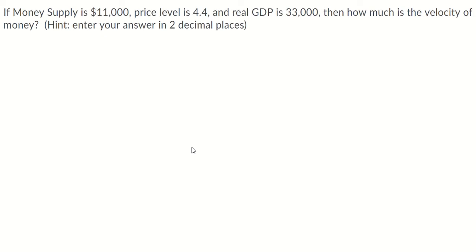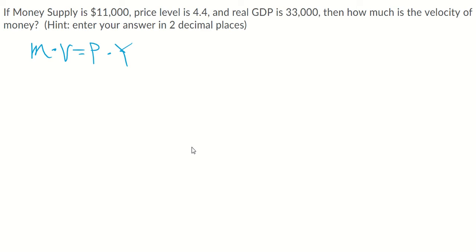If our money supply is 11,000, price level is 4.4, and real GDP is 33,000, how much is the velocity of money? For this one, you need to know the formula: your money supply times the velocity of money equals the price level times the real GDP. I'm using Y for real GDP.